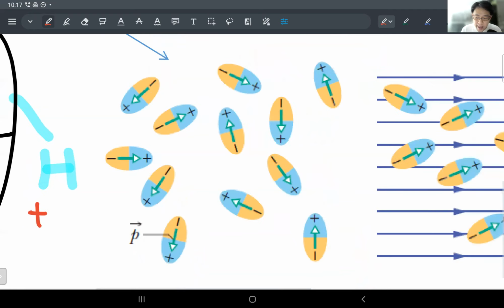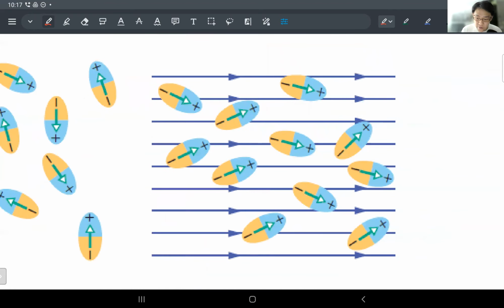Okay. However, this is very interesting. Once you apply some external electric field, guys, what do you think will happen? Well, of course, positive charge will try to move in the direction of the electric field, right? We already learned that from Coulomb's law, or whatever the property of a charged particle in an electric field. On the other hand, the negative charge is trying to move against the field.